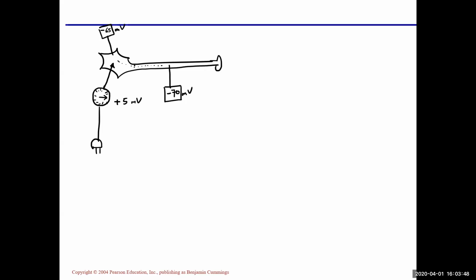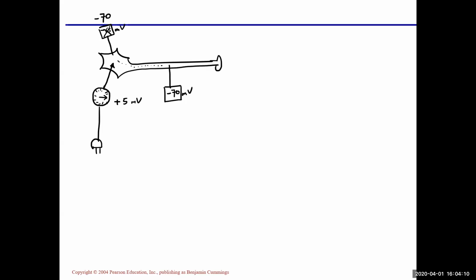Now, why wouldn't it affect it? Because it's not firing, it's not continuing to change and travel to those areas and so on. Keep in mind, very soon, this -65 is going to read -70 again. Why? Because you only zapped it one time, and the sodium-potassium pump will restore the balance.